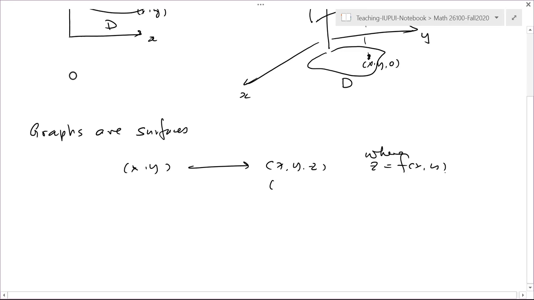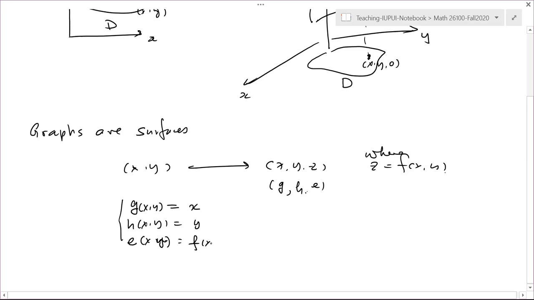Let's say I use g, h, and e. In other words, I have g, a function of x and y, that's going to be just x. h is just y. And e of x, y is going to be determined by f of x, y.